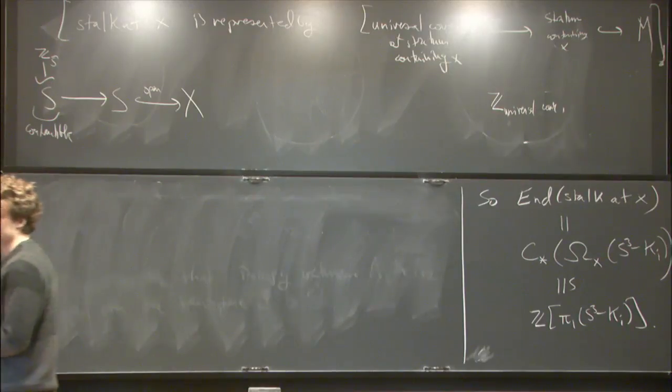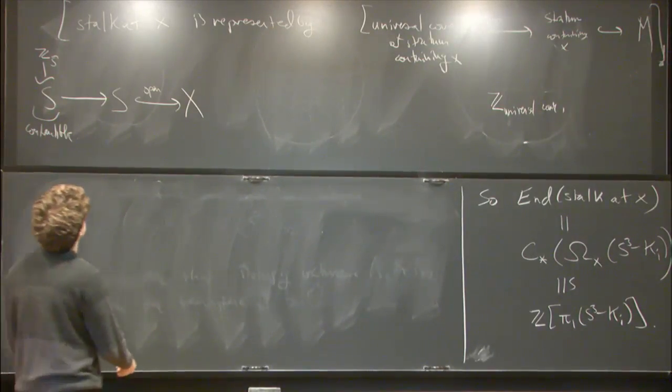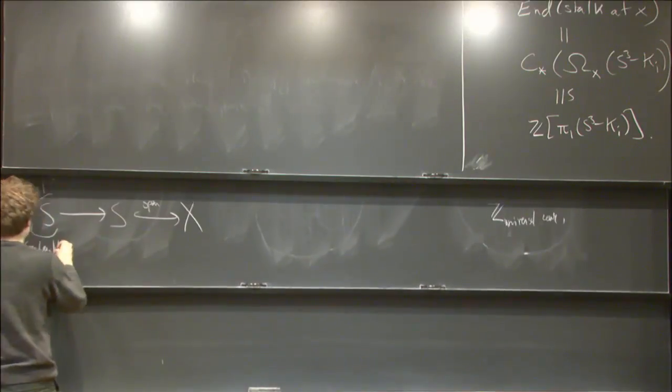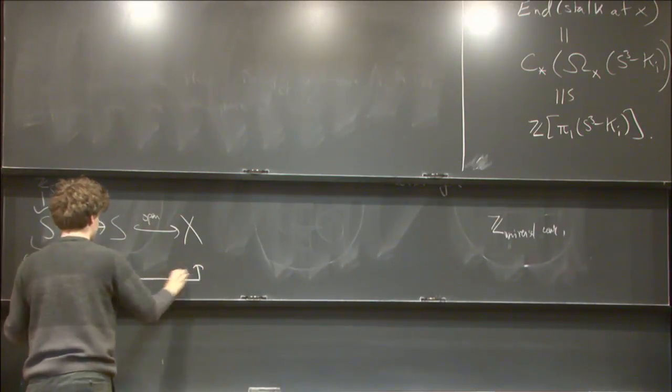And you should give this map a name and then write down the formula. Let's call this composite F.